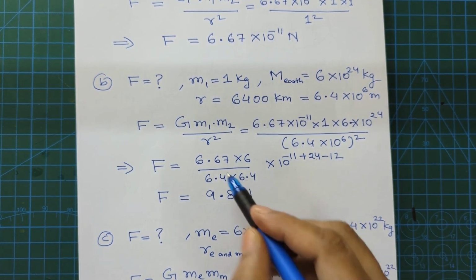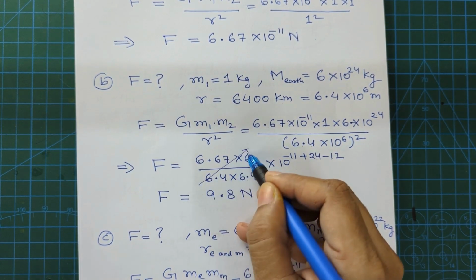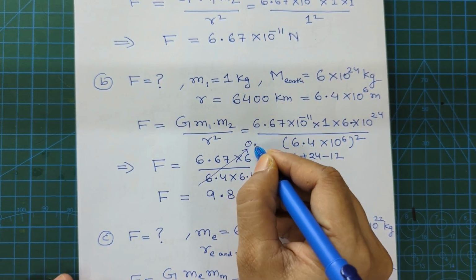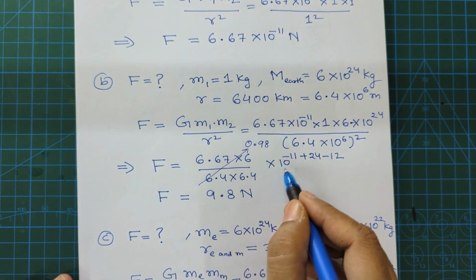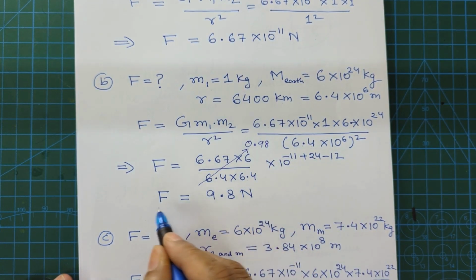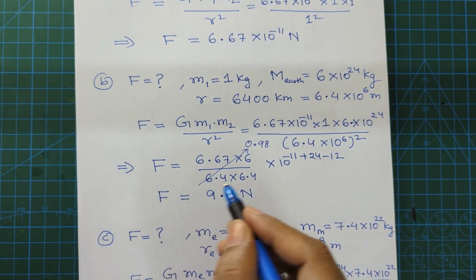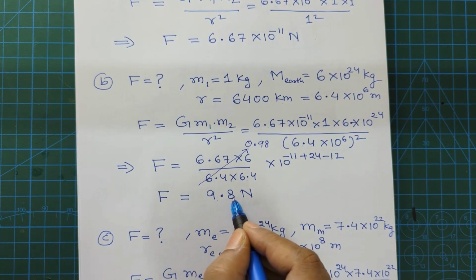So this number is definitely 0.98, and 0.98 into 10 is 9.8. So the force of gravity between a 1 kilogram object and Earth is 9.8 newton.